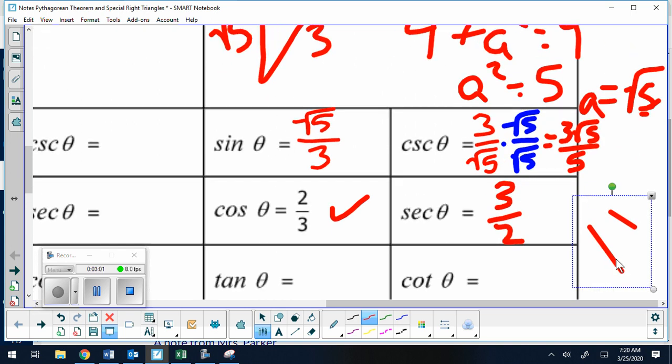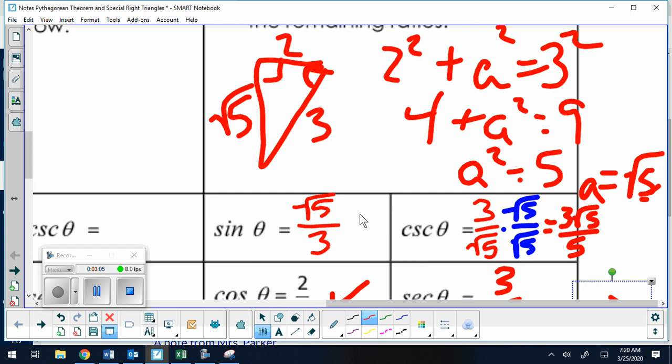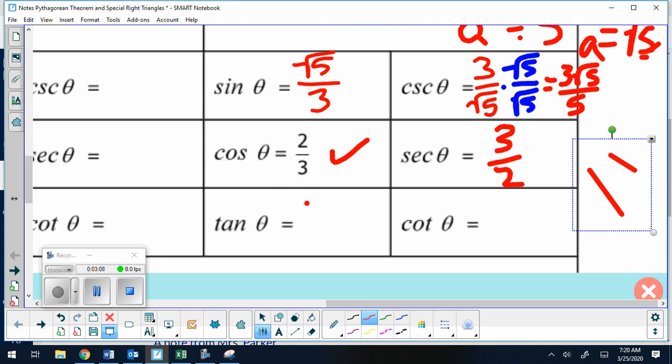Then we have tangent. Tangent is going to be opposite over adjacent, so square root of 5 over 2. And then cotangent is going to be the reciprocal of that.